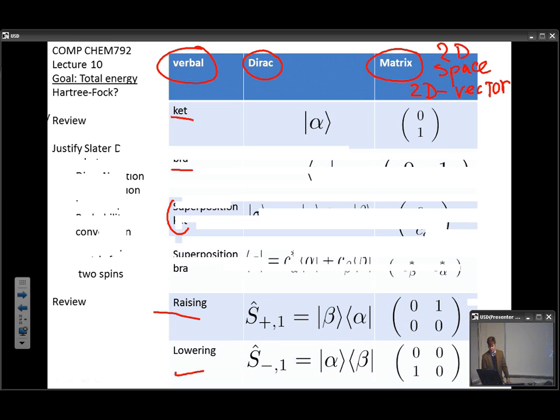So this ket vector for spin down, we were referring to it with this symbol, but it can also be represented as a column vector which has 1 along one direction and 0 along another direction. If you have beta, then it will be 1, 0.